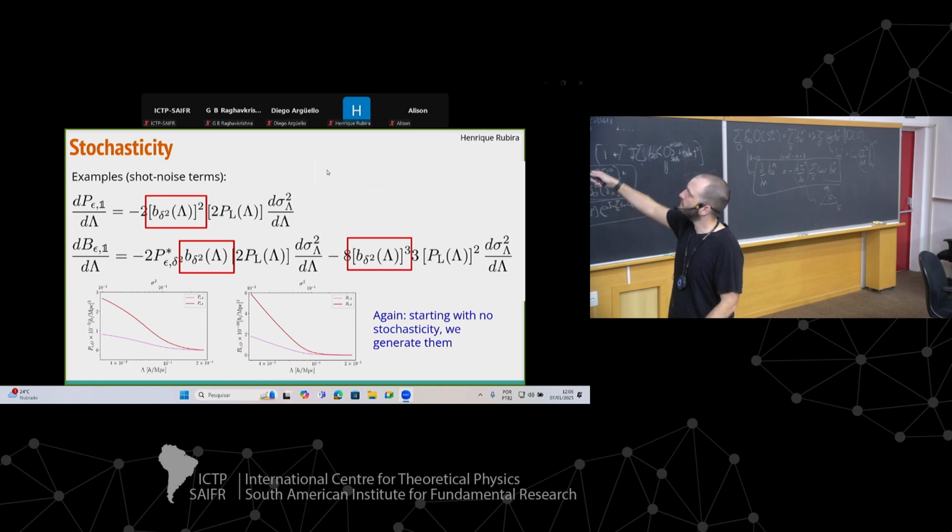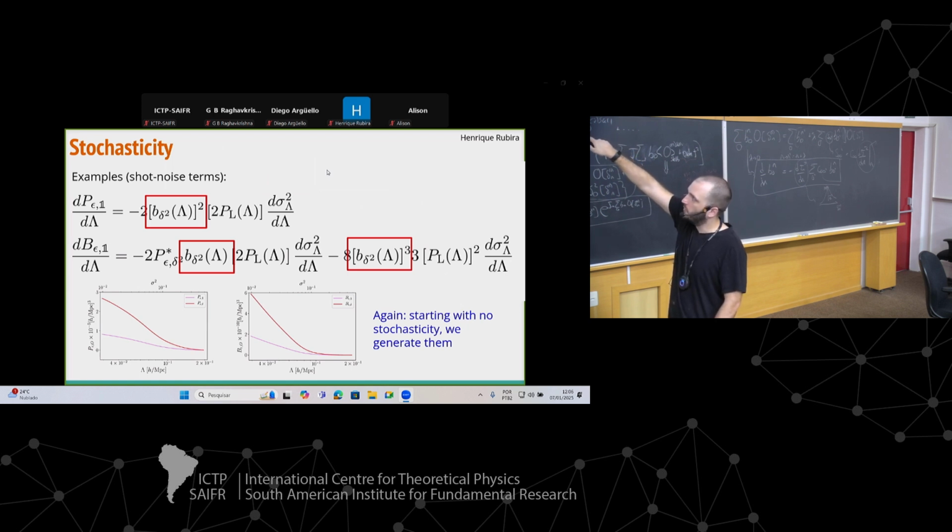And what we see is that delta square, as we saw yesterday, if you take the limit of the kernels, delta square has no kernel here. If you take the limit of k going to 0 or p going to infinity, there will be a constant term in delta square that you have to subtract. This means delta square generates the running of the shot noise, and also the running of the shot noise of the bispectrum.